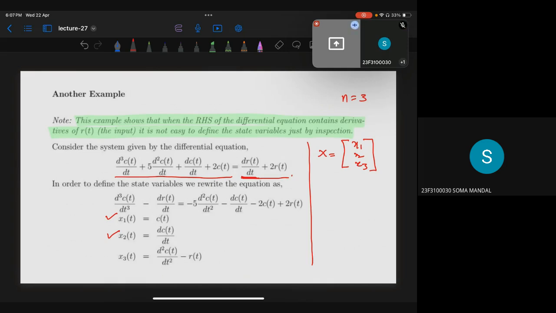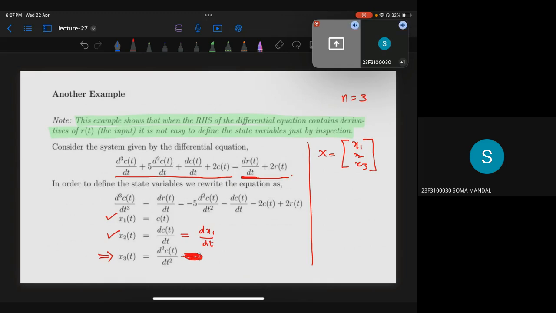Then x3 you have to choose wisely. If you choose x3 without this term, previously you have chosen x3 as differentiation of x2, and x2 as differentiation of x1.